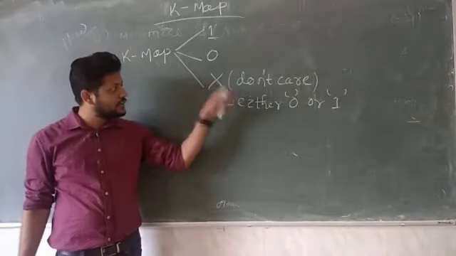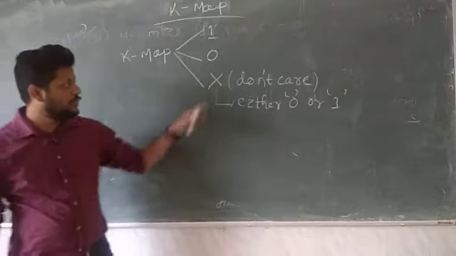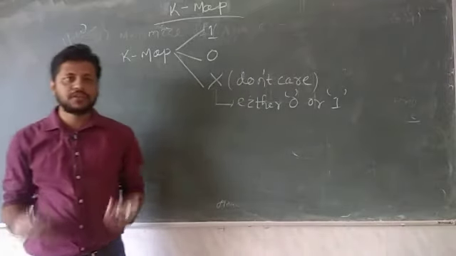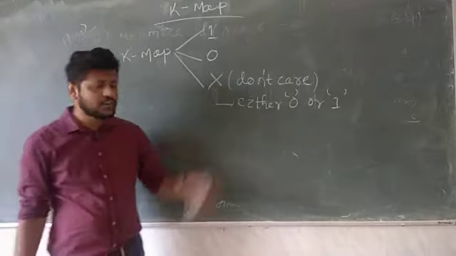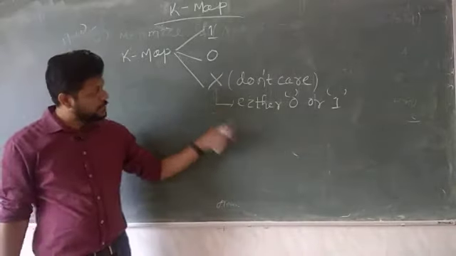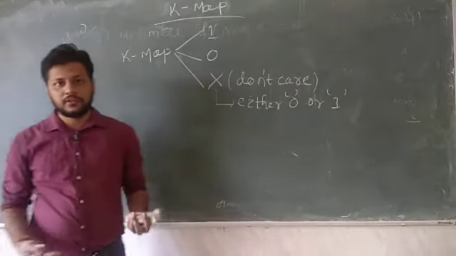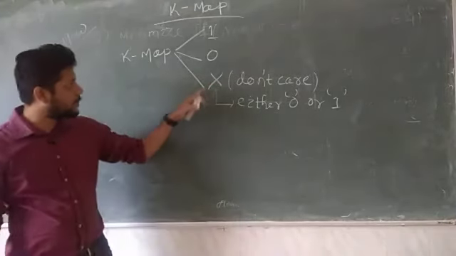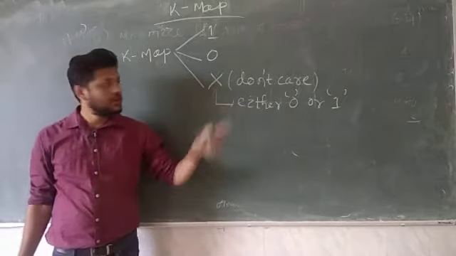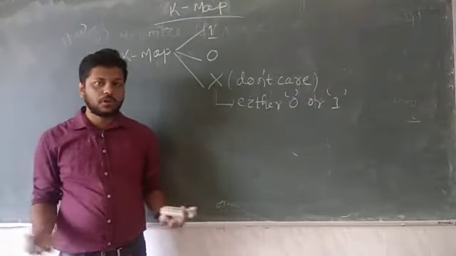In that case we take this don't care, where the input and output combinations are not known to us. That is treated as a don't care. This can be either 0 or 1 depending on the minimization expression. So students, remember this cross symbol means don't care.